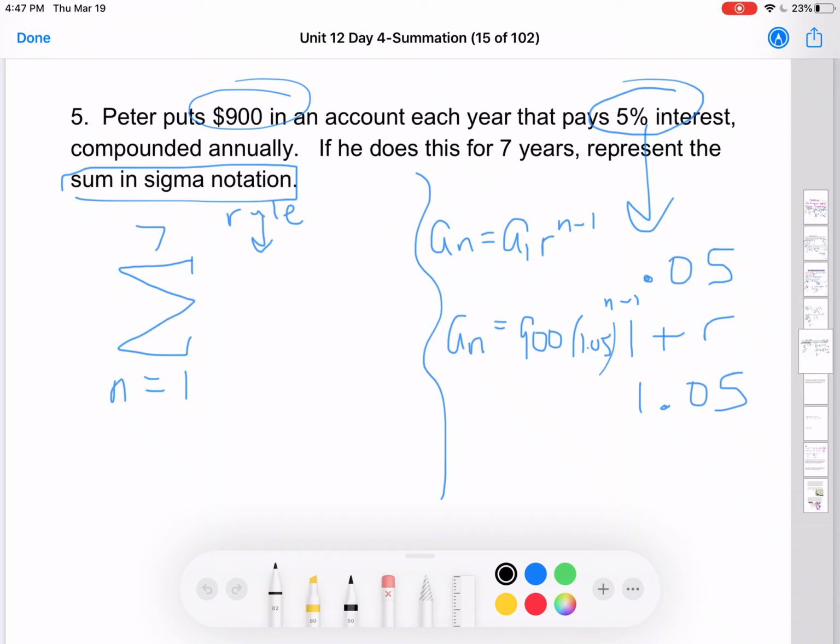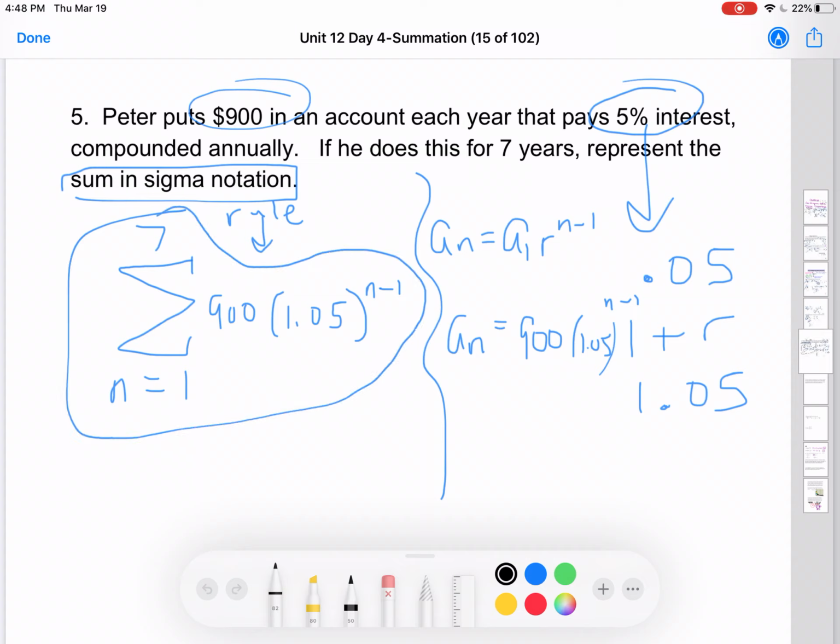So I'll throw that guy right in front here. And that's it. You wrote it in sigma notation. If you need to, rewind that and do it again. Any of these videos you can pause and watch again.